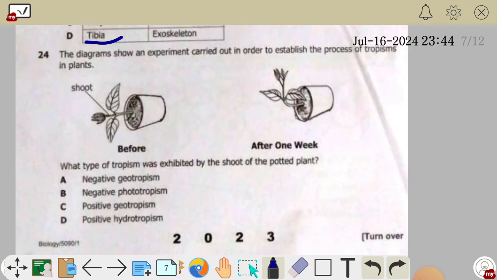If it is growing away from that stimulus, then it is negative. But in this case here, we have gravity, which is pulling down, but the plant is growing away from the gravity. So this is what we call negative geotropism. So this plant is portraying negative geotropism. The correct answer is A. It is growing away from gravity.